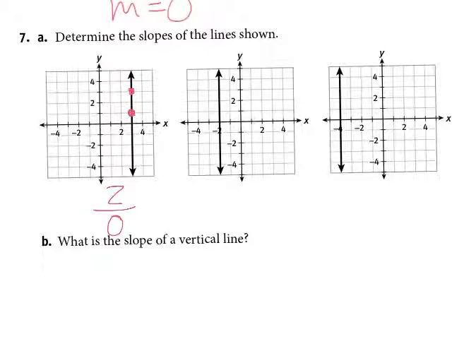Do not ever say no slope. Don't do it. Because no slope really could imply this, or it could also imply 0, because a lot of people say 0 is the same as no, so you want to be careful with saying no slope.